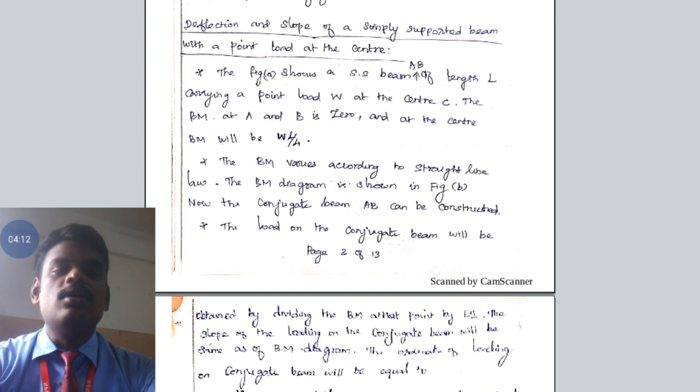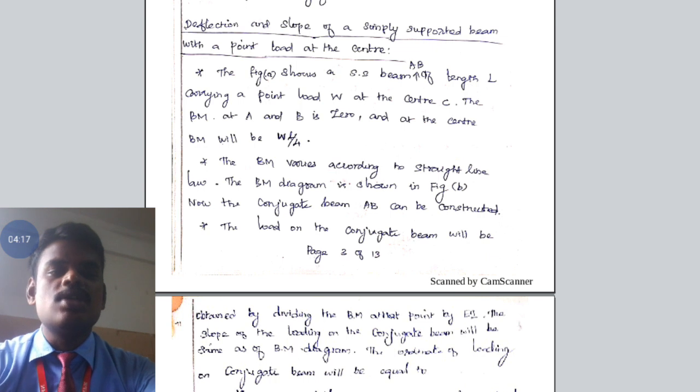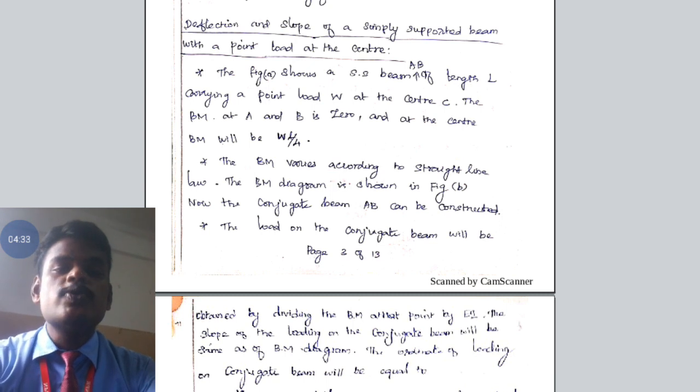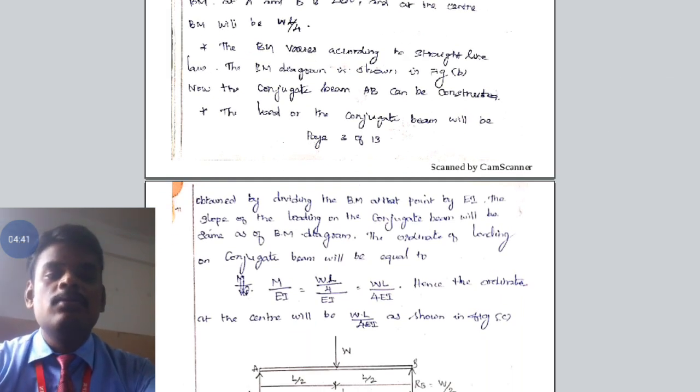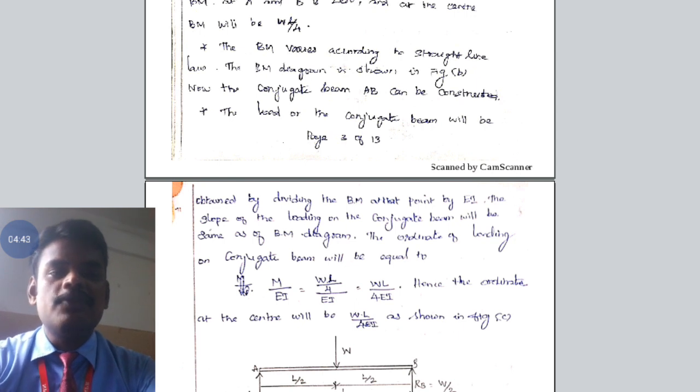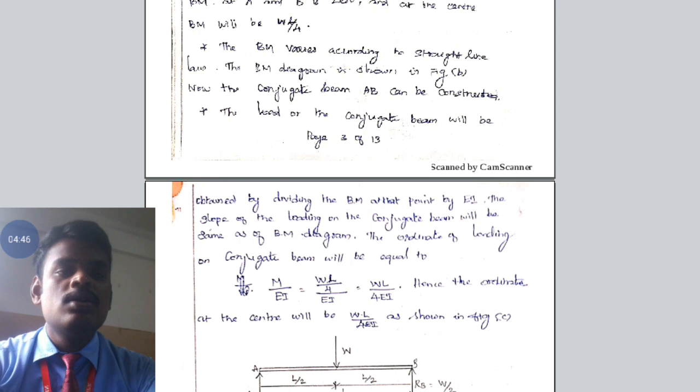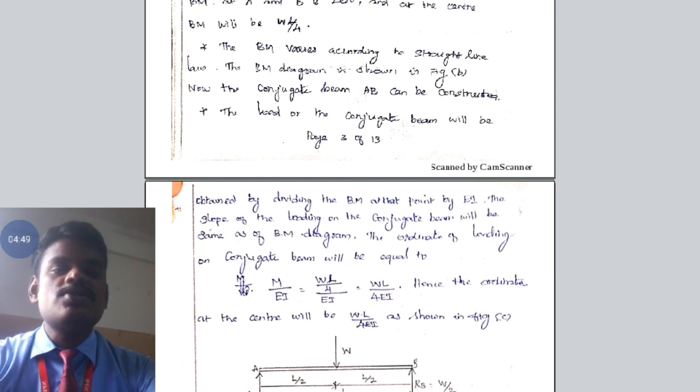We know that the bending moment of a simply supported beam at its supports is always 0, so there is no need to find the bending moment at A and B. The maximum bending moment occurs at the center and its value is WL by 4. The bending moment varies according to the straight line law. When the beam is subjected to a point load, the bending moment follows the straight line law, as shown in the diagram below.